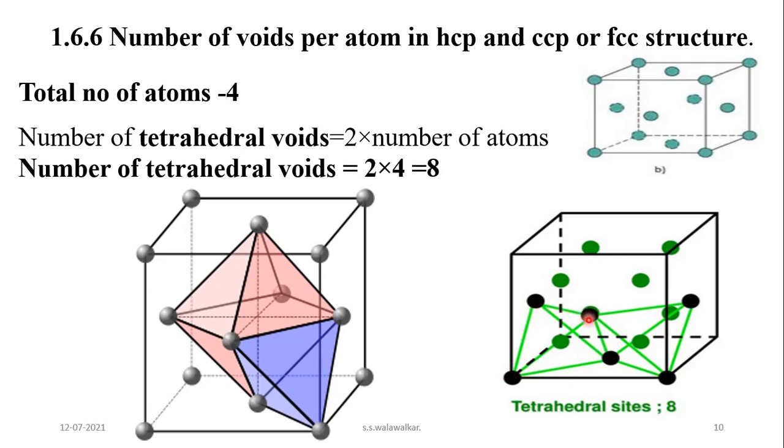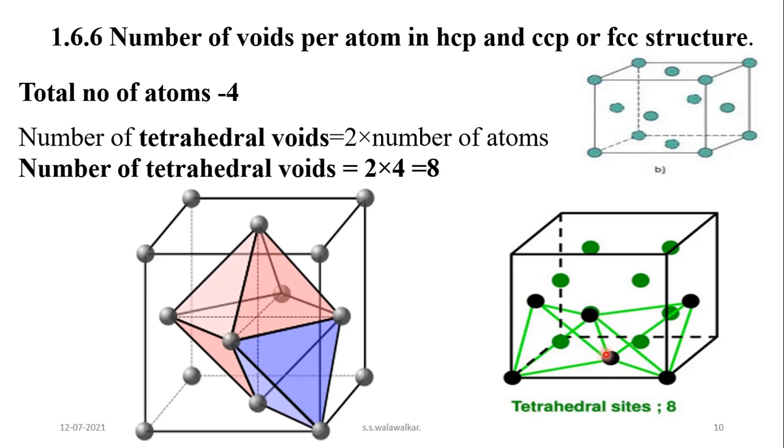Now these 3 spheres are there. These are the spheres of the face. The black colored sphere is the face center atom of the front face. Then here it is from the bottom face and it is the side face. So 1, 2 and 3, these are the face centered particles, and one is a corner particle.